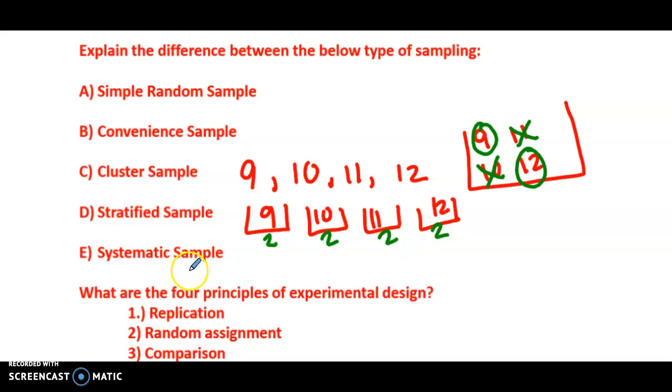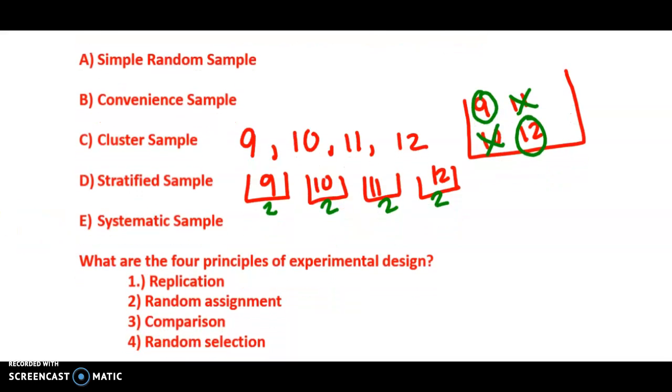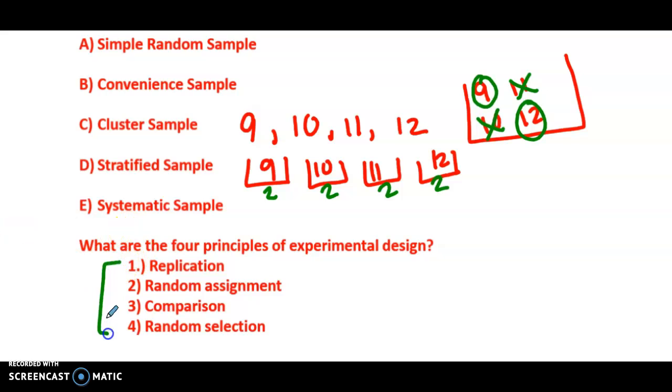A systematic sample is maybe counting every 5th person that comes in, every 3rd person that comes in. You have a system in place, or every 4th name on the list. Something like that.